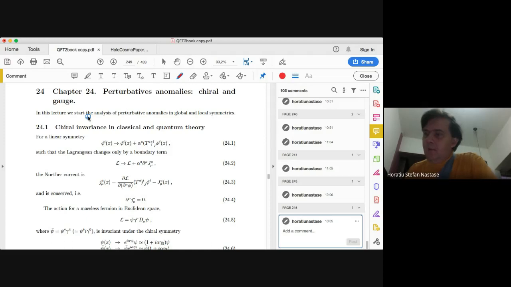and we'll start with the most important example, the chiral anomaly in the chiral invariance. And we'll see that the anomaly is associated with a specific type of one-loop diagram.